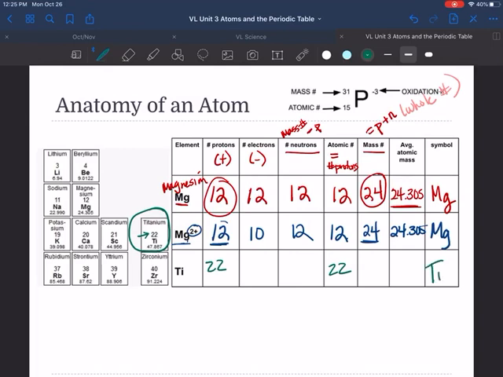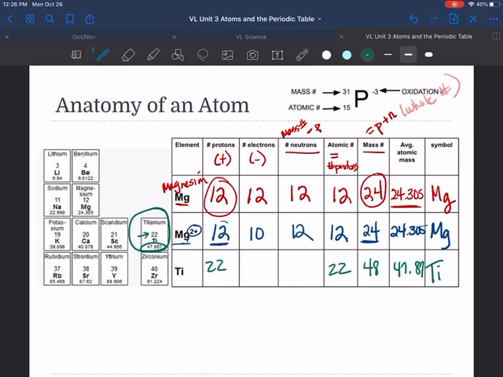Symbol, Ti. Average atomic mass is down there at 47.87. Mass number. Remember, we don't have anything out here. We don't have anything that looks like this that tells us the specific one, so we get to round. 47.87 would round to 48.